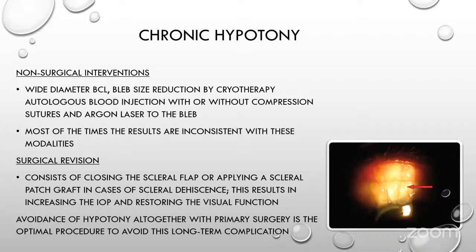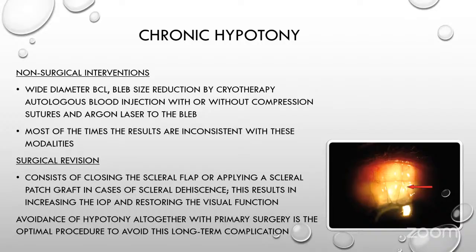Surgical revision may just be the way to go, and it includes use of a scleral patch to cover a flap that is decent. Sometimes the overfiltration or hypotony is a result of scleral melting or the use of antimetabolite, so you need to use a fresh scleral flap to cover that area.